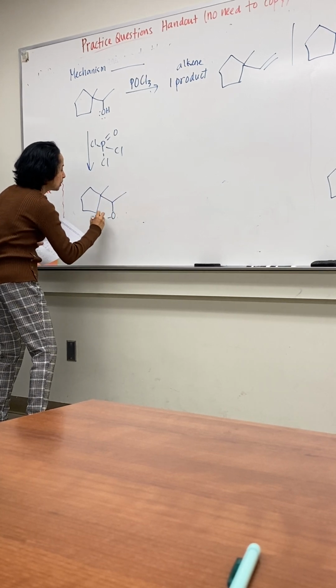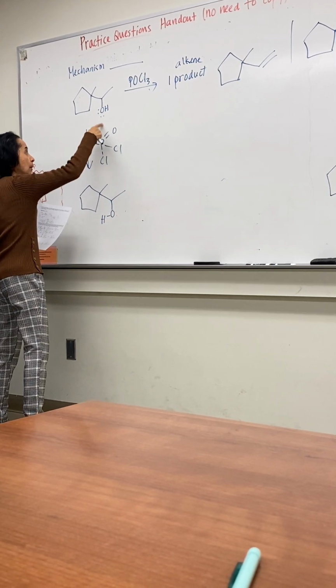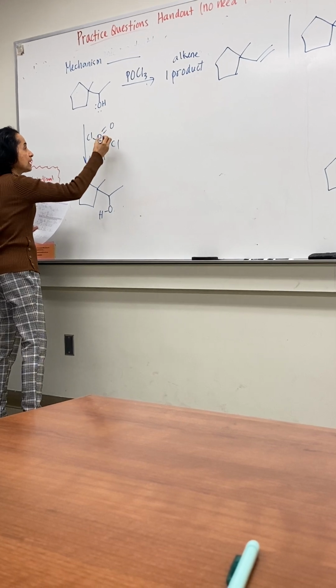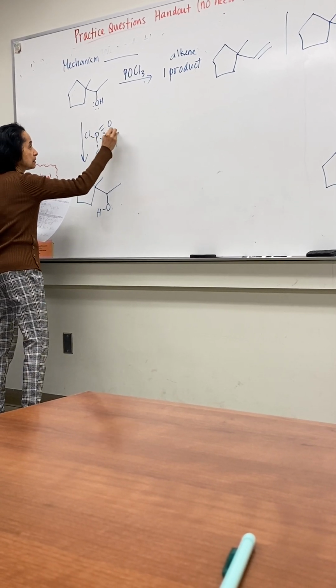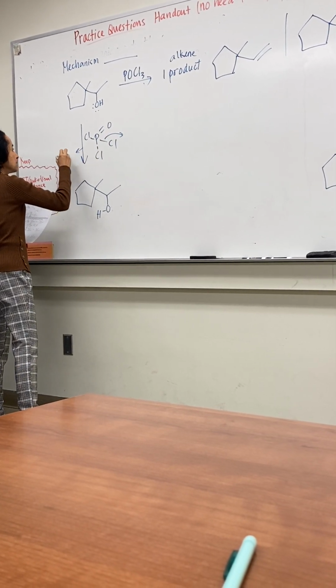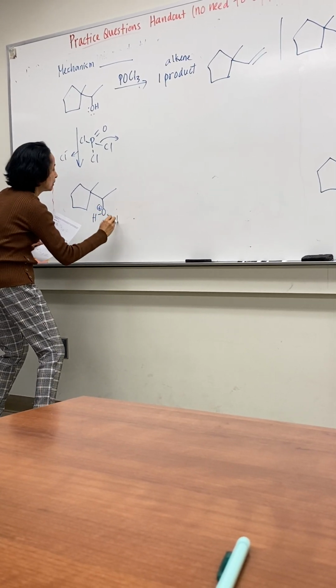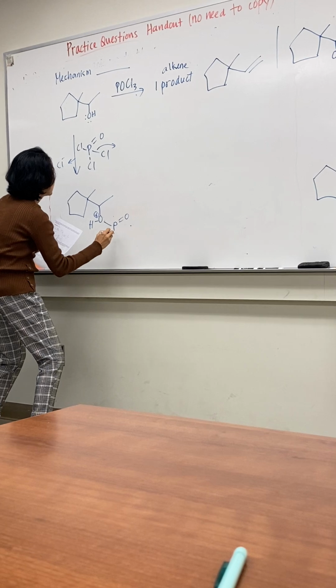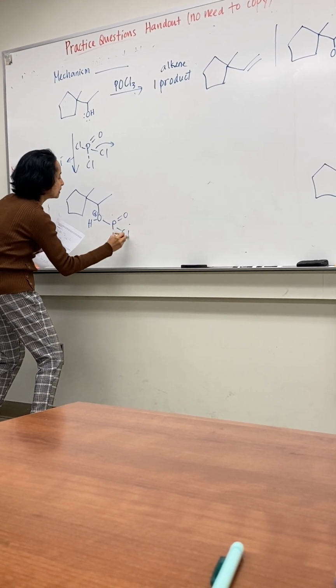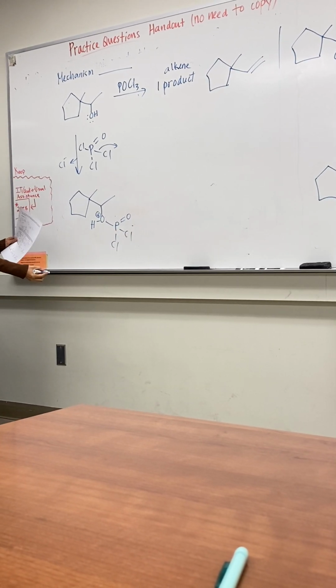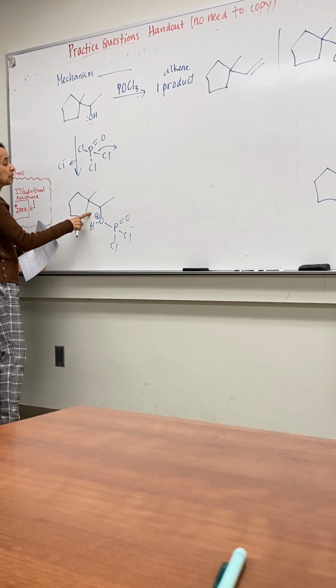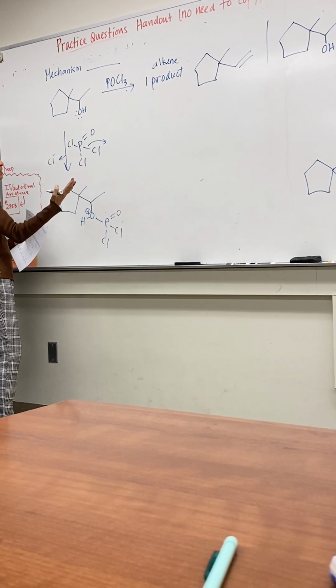So just make bonds, right? From the P to the O. So again, you're going to take out a Cl. All right, so Cl minus, and then plus, and then phosphorus O, Cl. Okay? So now, don't make a carbocation because this will not undergo rearrangement.